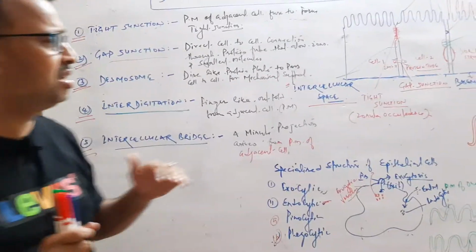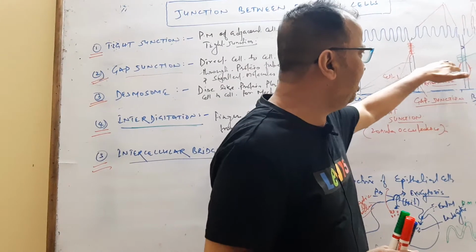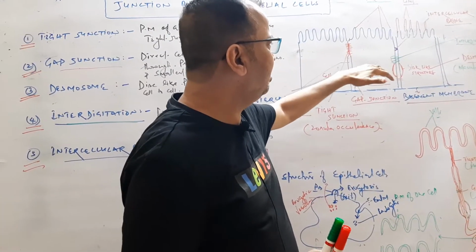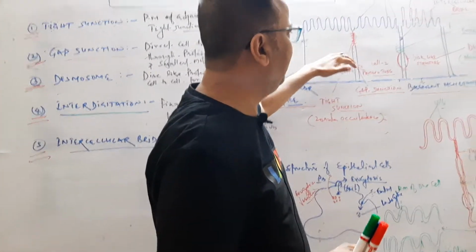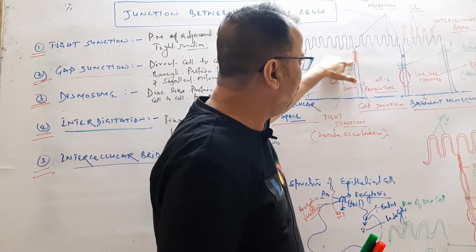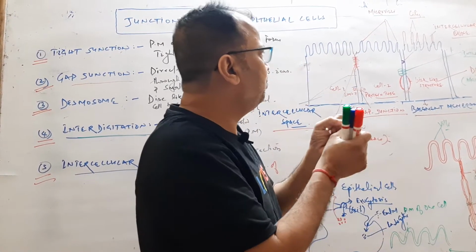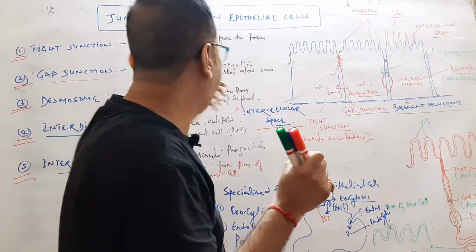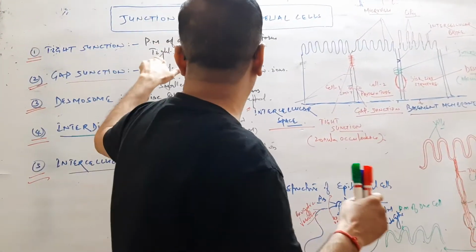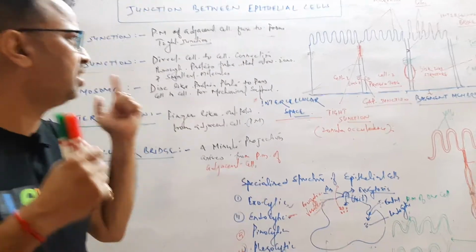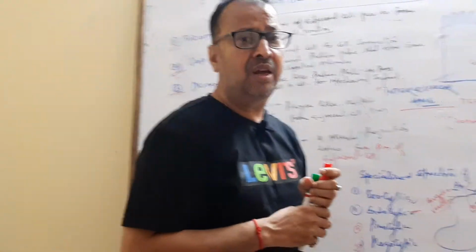Here are many epithelial cells. In between two epithelial cells, both plasma membranes of the cells become fused. In tight junction, the plasma membranes of adjacent cells fuse to form the tight junction.